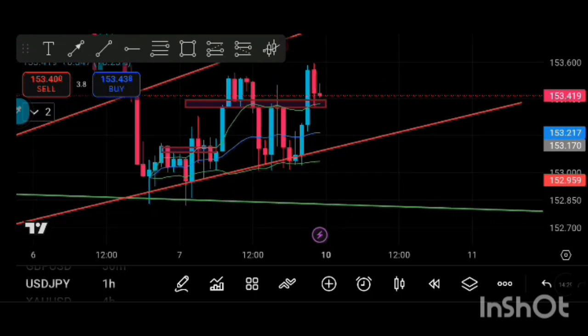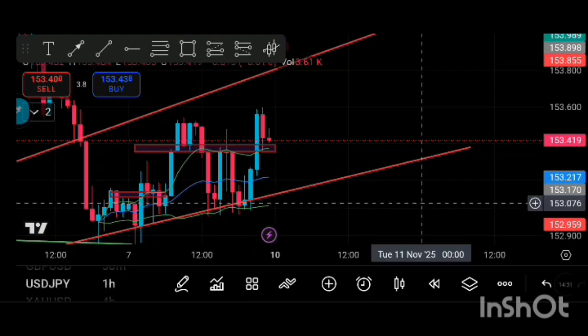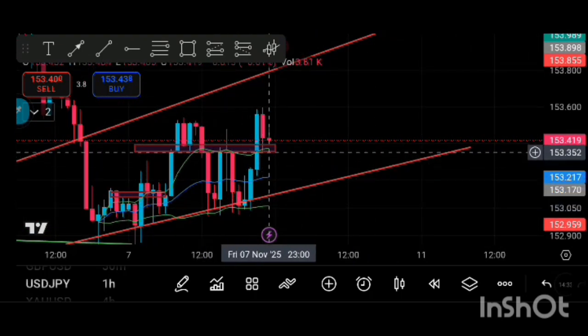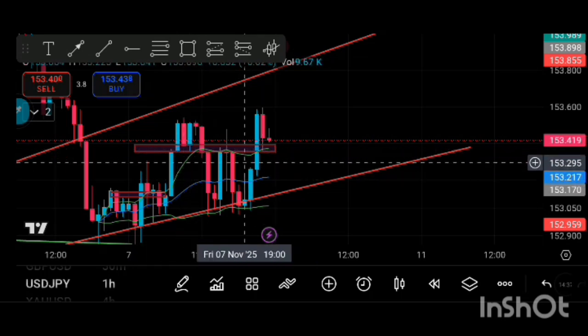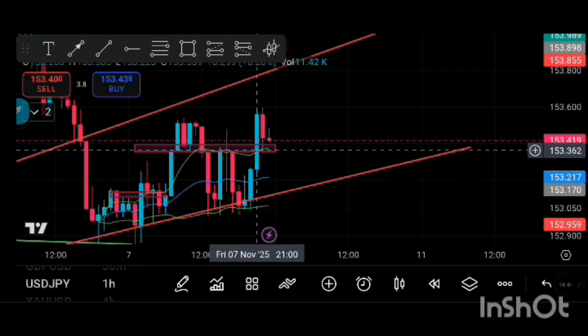So basically, another thing, as you can see, is that price is potentially jumping from this green line here, let me just call it a positive standard deviation. Understand?